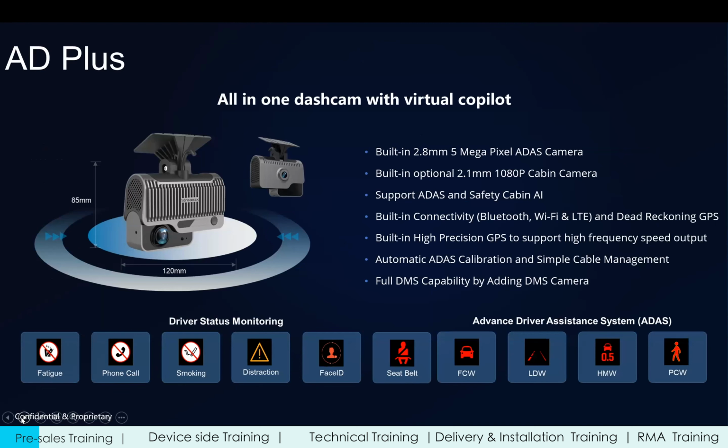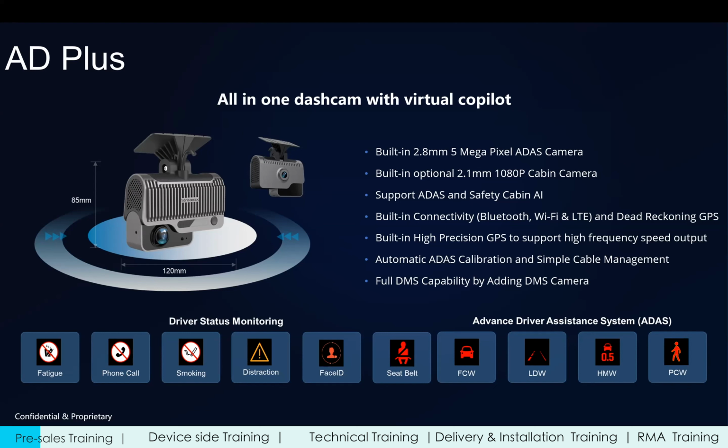So now we can have some basic images of the dash cam. The first one is the 80+. We usually install this camera on truck solutions, and it has built-in 4G, Wi-Fi, and GPS connections. The cabin camera can support driver behavior detection, which means detecting whether the driver is using the phone or is fatigued.